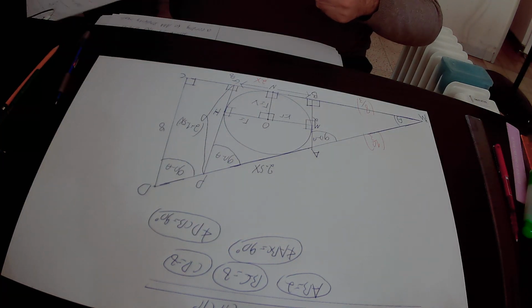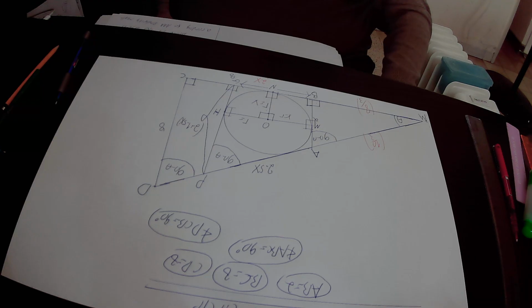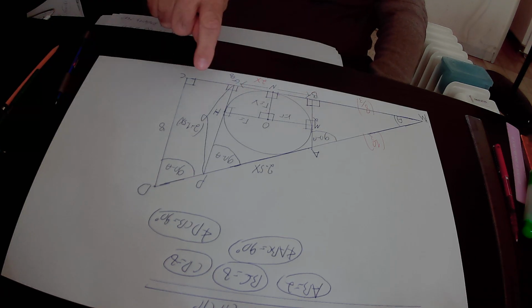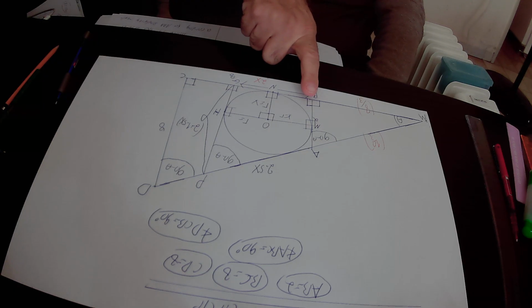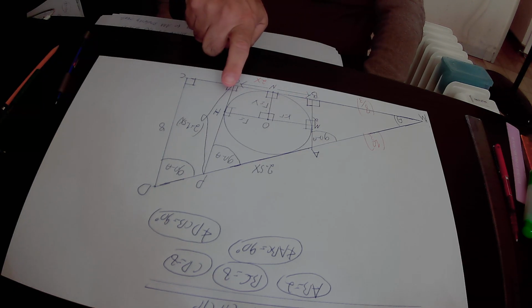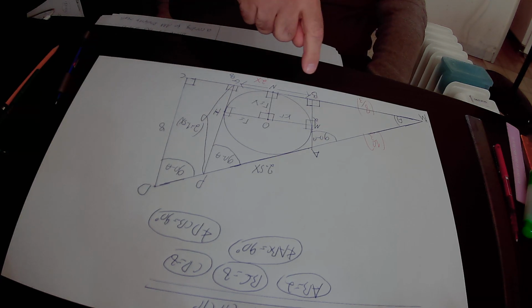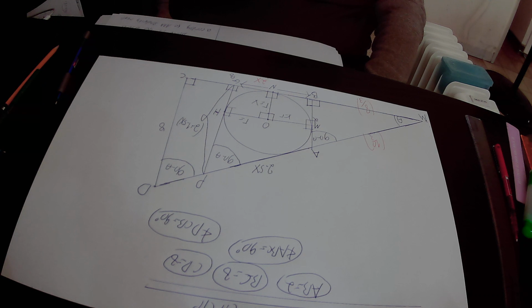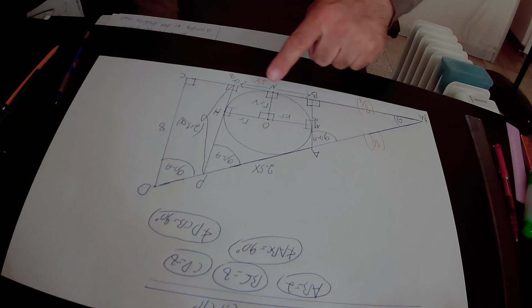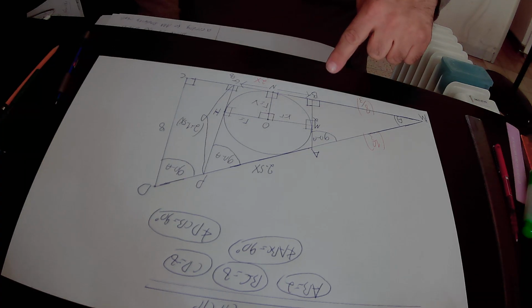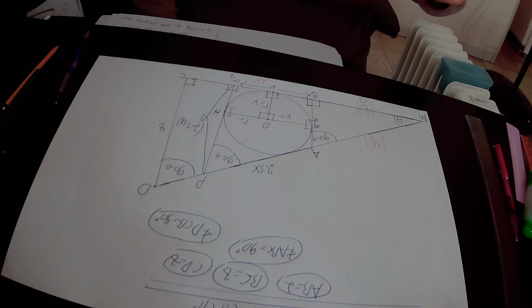Then we focused on quadrilateral MHGB. MH is a straight line, therefore MHGB is a quadrilateral. Inside quadrilateral MHGB, we have 3 right angles.